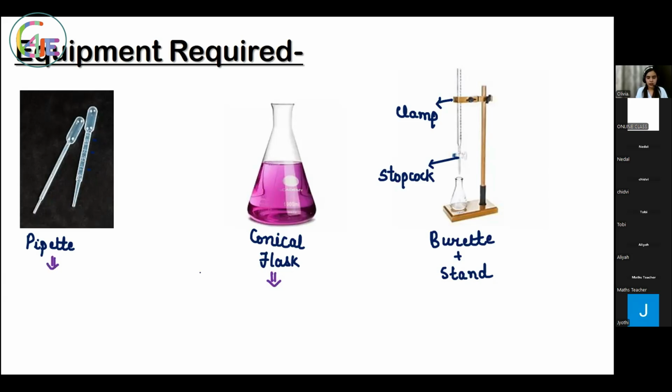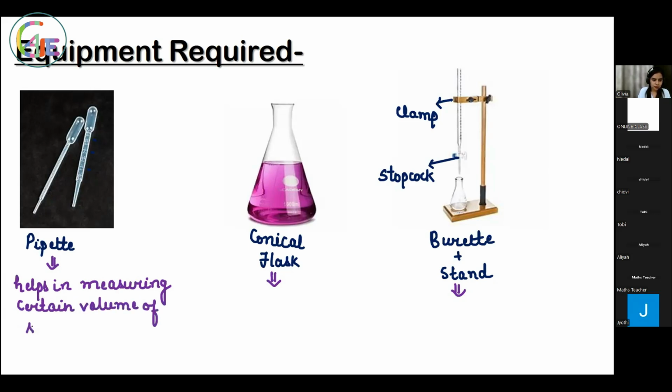The pipette helps in measuring a certain volume of solution.